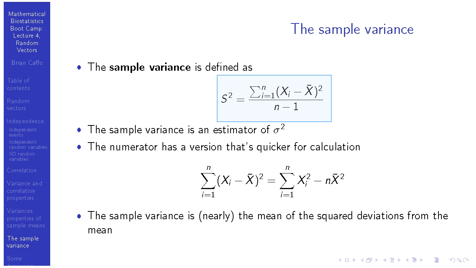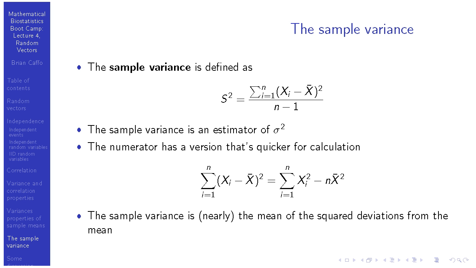Now notice it's not exactly the average. We divide by n minus 1 instead of n, which is a little annoying, but we do it. Imagine for the time being that this is an n in the denominator, not an n minus 1. Then the sample variance is nothing other than the average squared deviation of the observations around the sample mean. So the sample variance is an estimator of the population variance, sigma squared.